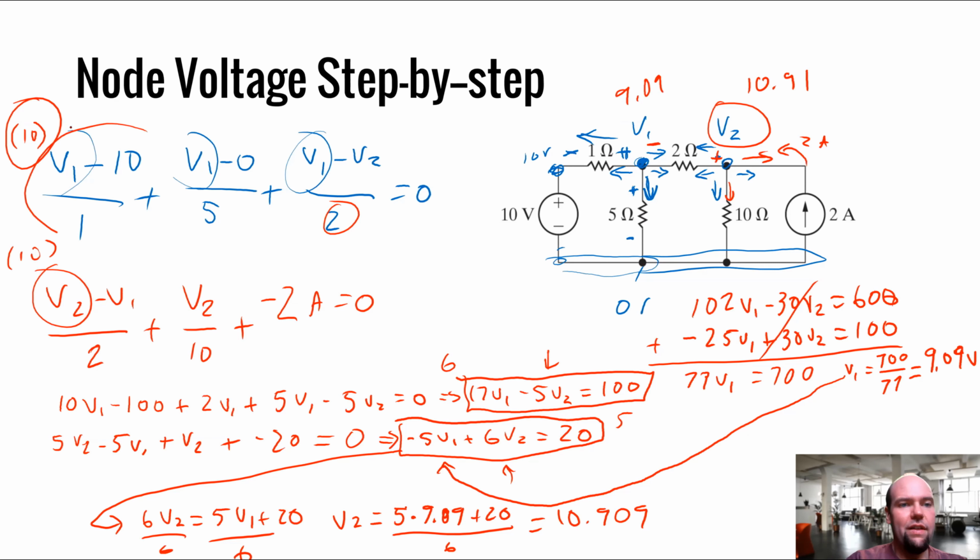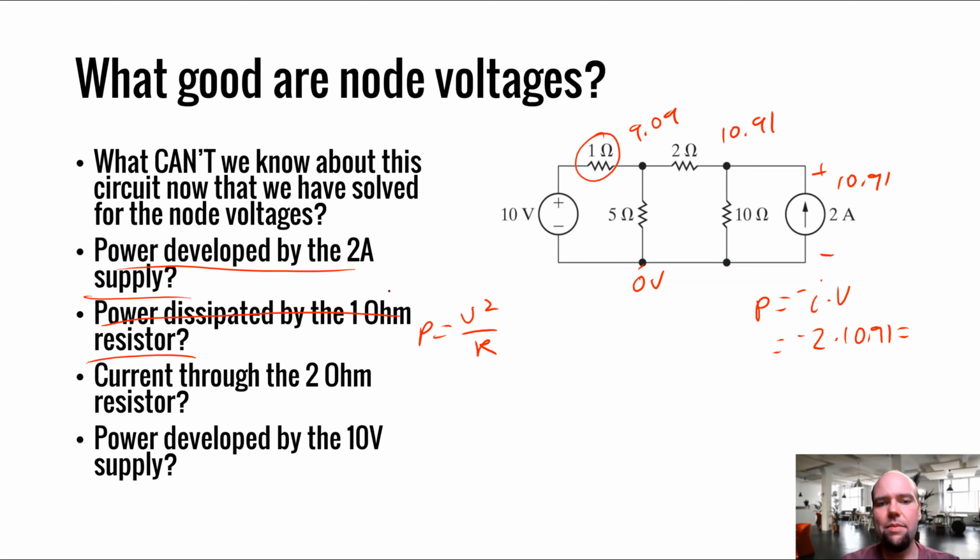Remember, this was the voltage across the 1 ohm resistor. We used it to find the current. So it's going to be 9.09 minus 10 squared divided by 1. That's going to be pretty dang close to 1. I don't want to calculate it out, but I'm just showing you. You can find all these unknowns.